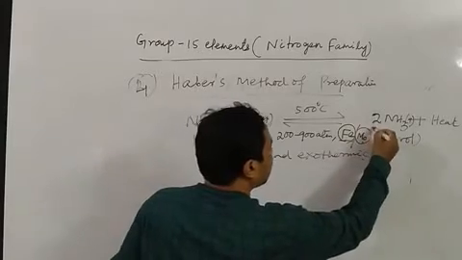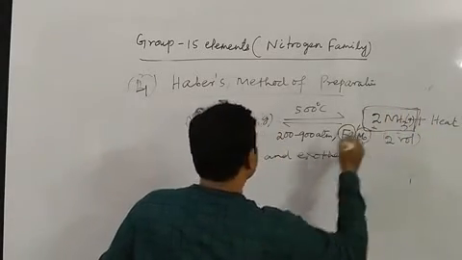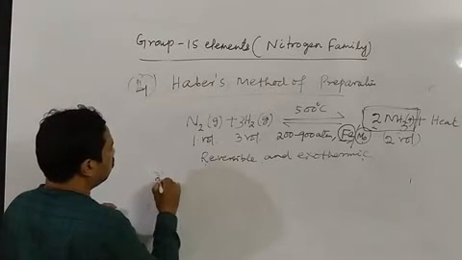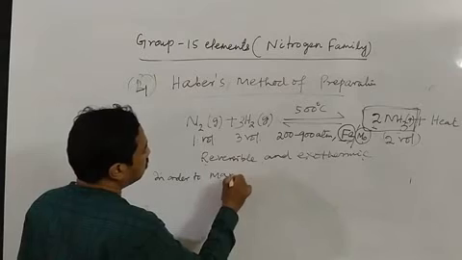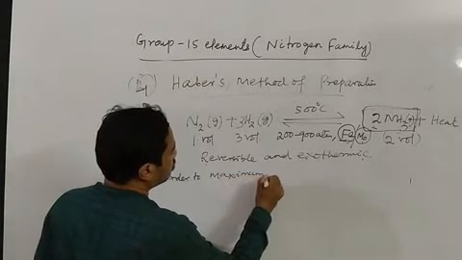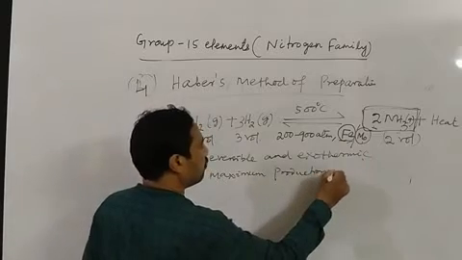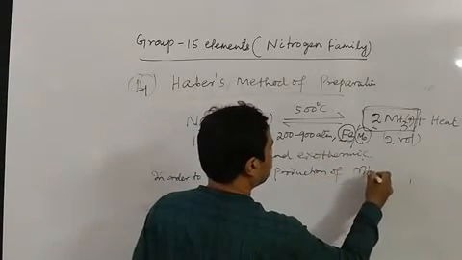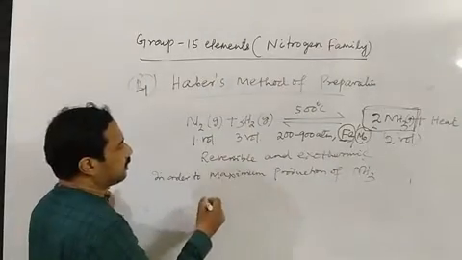So in order to get the maximum production of ammonia, the following conditions are necessary.